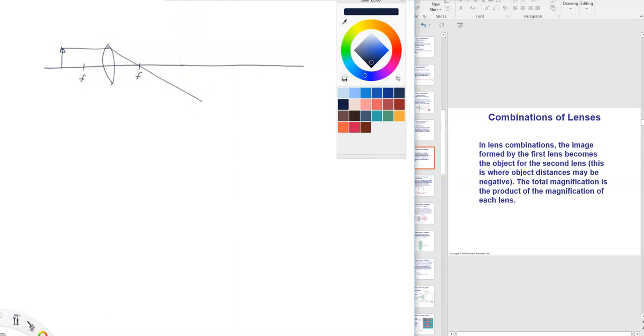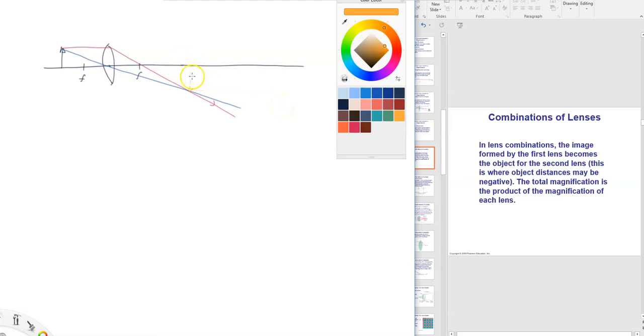Let me use different colors. Comes in, bends, and that creates an image over here.